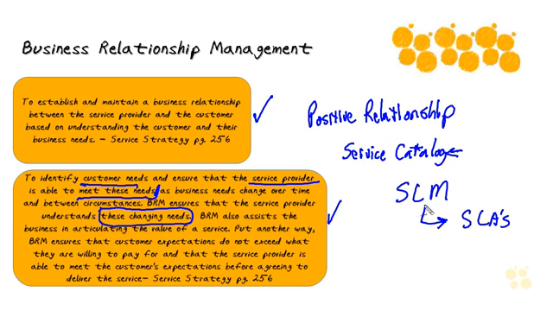And this is to make sure that you maintain the appropriate level of the service, versus business relationship management, where we need to understand the needs before we even get to that. And ultimately, the goal is going to be customer satisfaction, right? And that's true for both SLM, service level management, as well as business relationship management. But the way that you measure the two are slightly different.